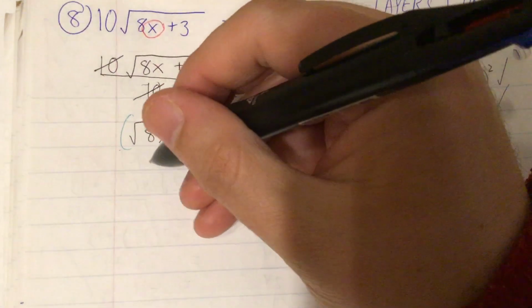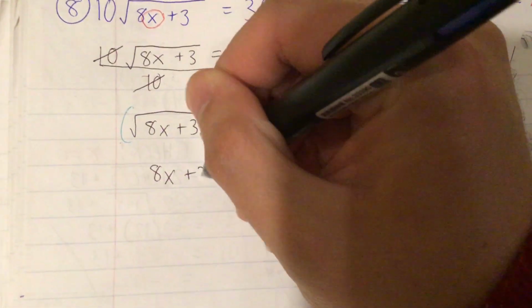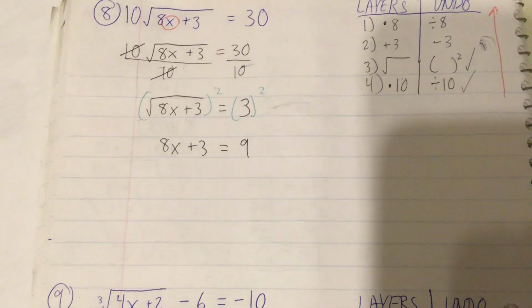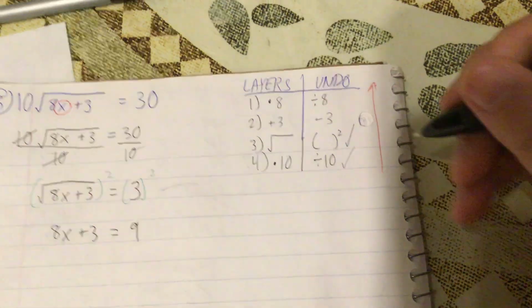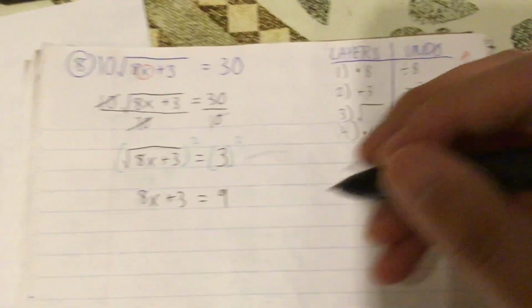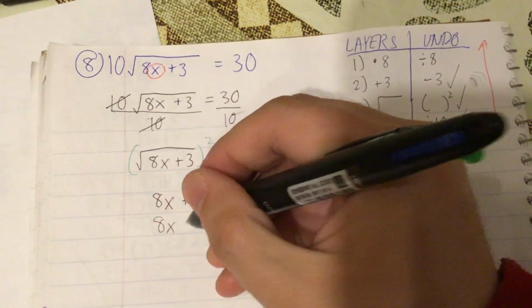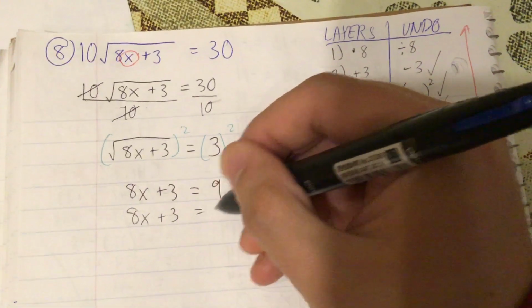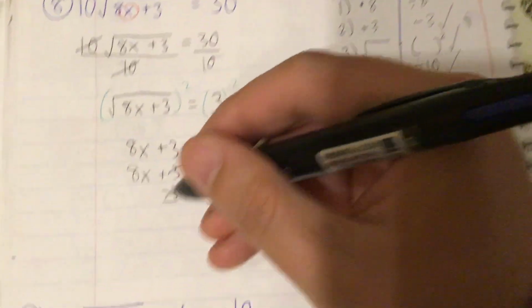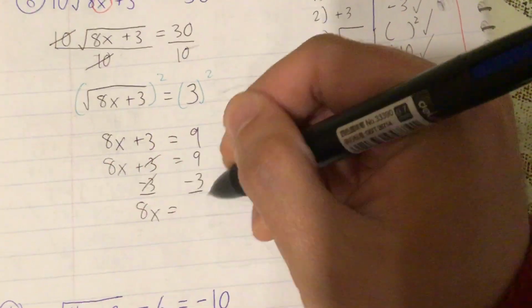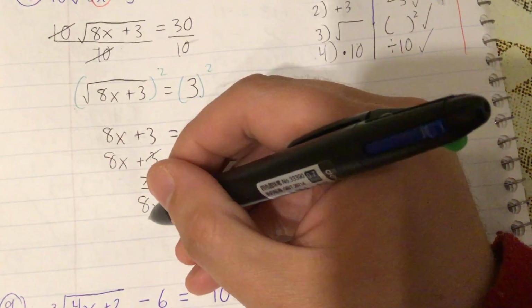And that leaves me with 8x plus 3 is equal to 3 squared, which is 9. And now I'm going to subtract both sides by 3. So if I subtract both sides of the equation by 3, that gets me 8x is equal to 6.